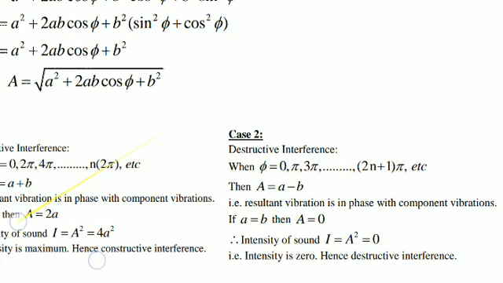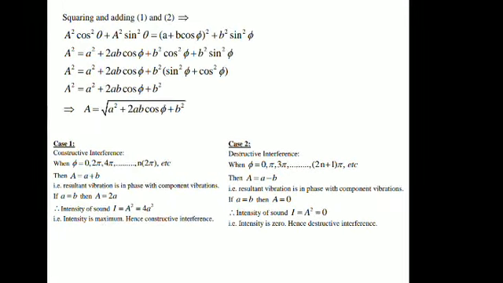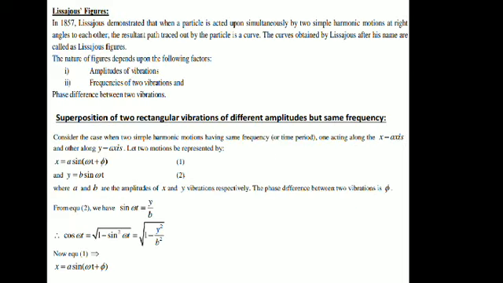So whenever phi has such a value, then capital A will be equal to a minus b, and if a is equal to b, then capital A will be equal to 0, and automatically the intensity will become 0, and if the intensity is 0, we are going to get the destructive interference.